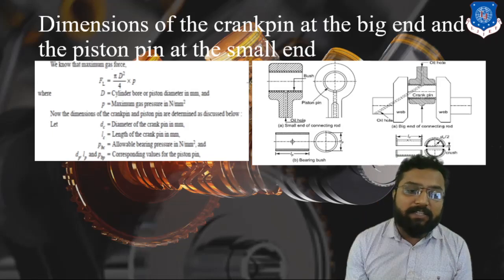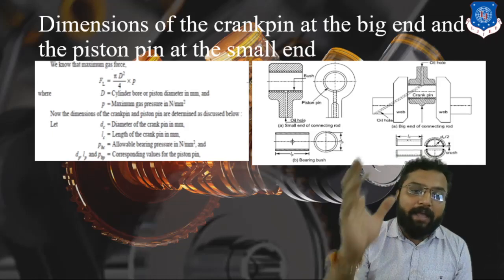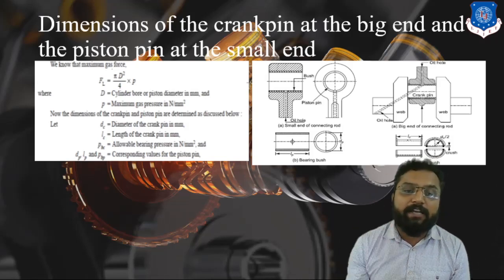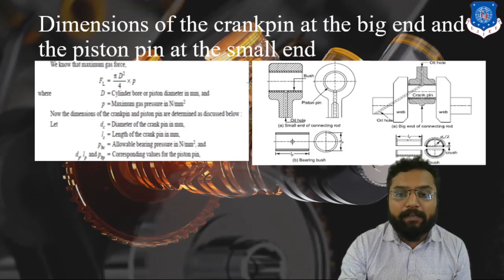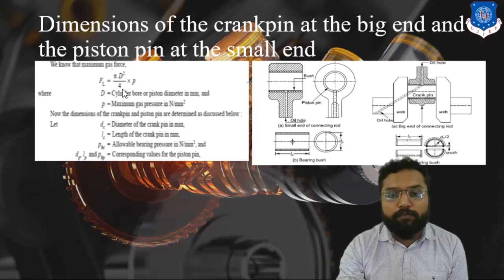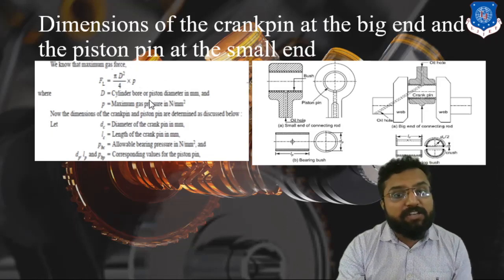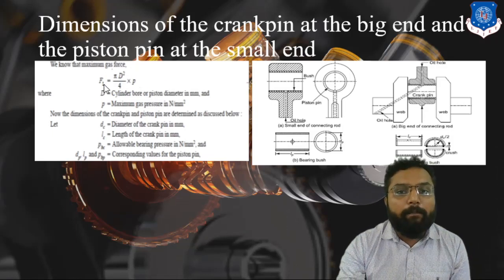Gas pressure is nothing but the pressure generated by the gas blast in your piston cylinder cavity. Here you can see this FL, which is the gas pressure force. FL is equal to pi d square by 4 into P, where d is the diameter of your piston and P is the pressure generated.